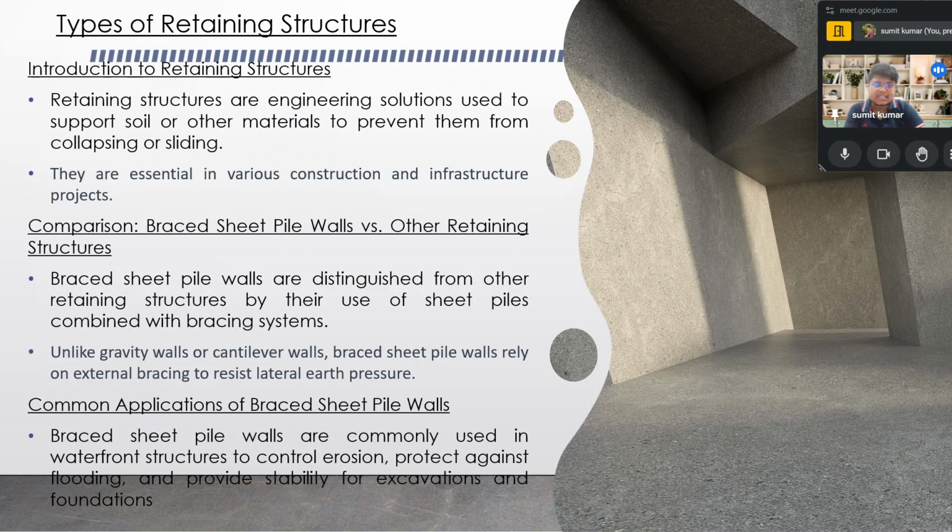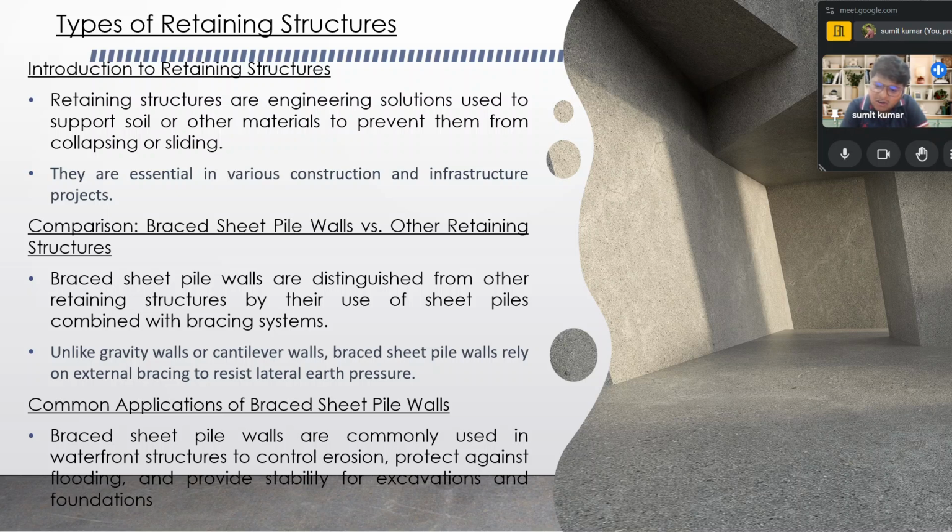When we talk about the types of retaining structures, retaining structures are the engineering solutions used to support the soil or other material to prevent them from collapsing or sliding. They are essential in various construction and infrastructure projects. When we compare the braced sheet pile with the other retaining structures, the braced sheet piles are distinguished by their use of sheet piles combined with a bracing system.